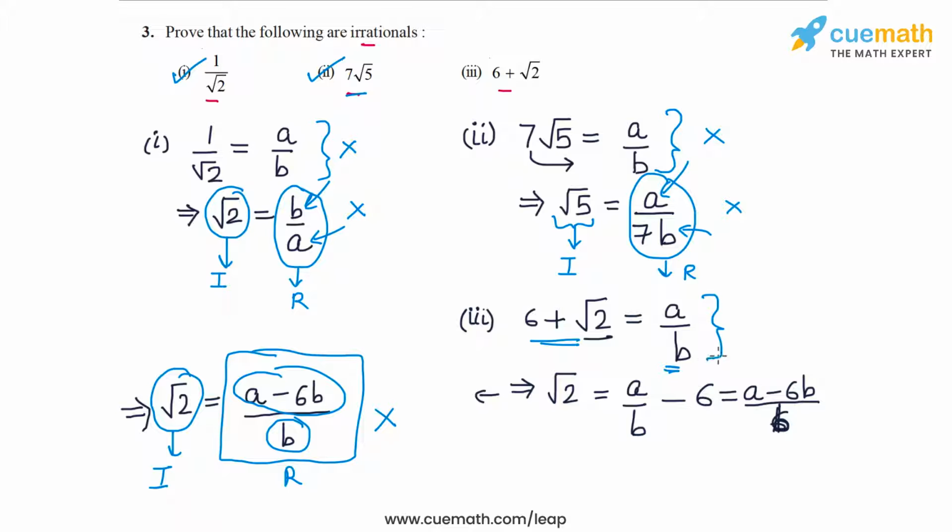So this original assumption is incorrect, which means that 6 plus root 2 is also not rational, it is an irrational number. So that completes part 3, and hence all three numbers in this question are irrational, and that completes our discussion of this question.